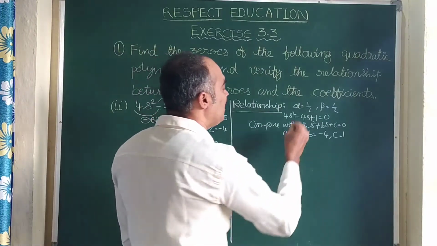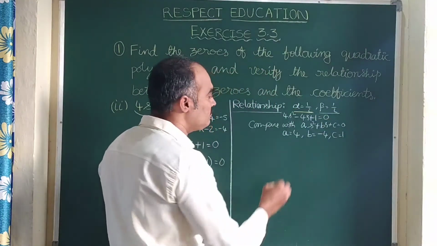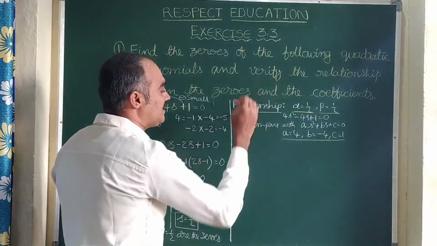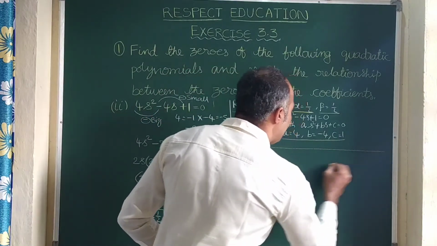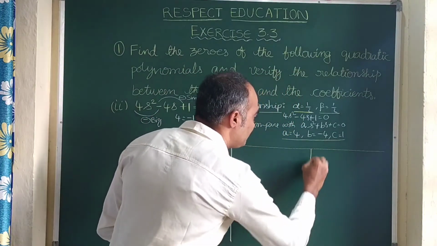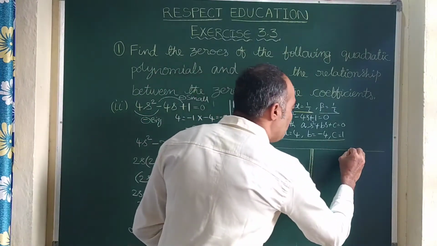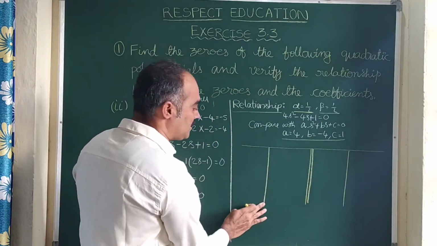Here just observe alpha and beta 1 by 2 and 1 by 2. A, B, C values, they are also ready. Now we are finding the relationship. For this I told you we need to divide this place into 4 parts. First I made 2 parts, then again 2 more. Now I made 4 parts.